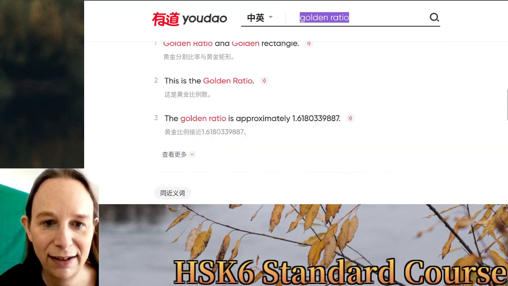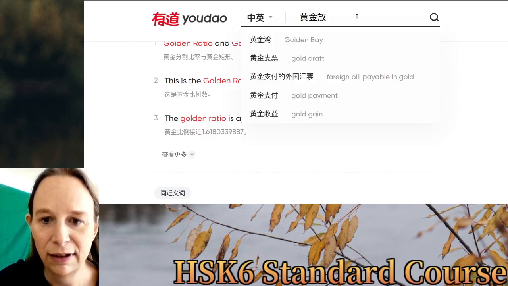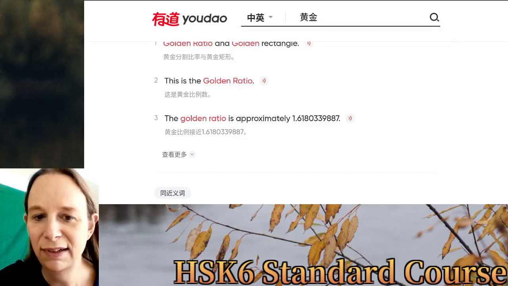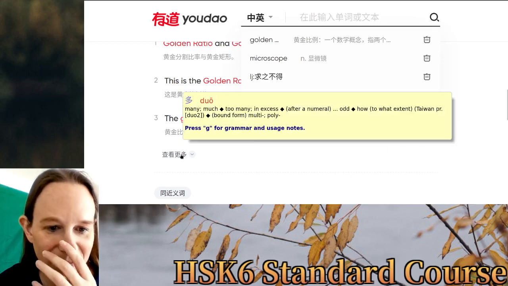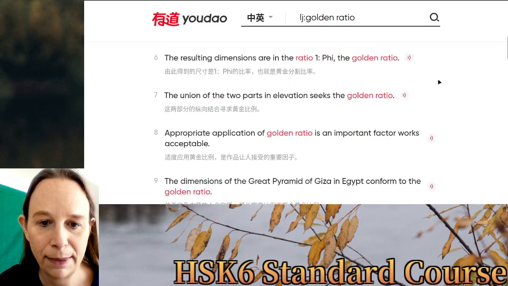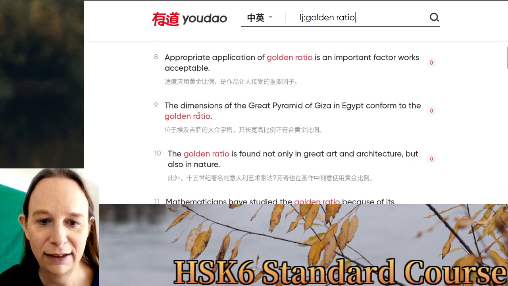Okay, I'll use that. There's another word for golden ratio, but it's not coming up. All right, golden ratio.